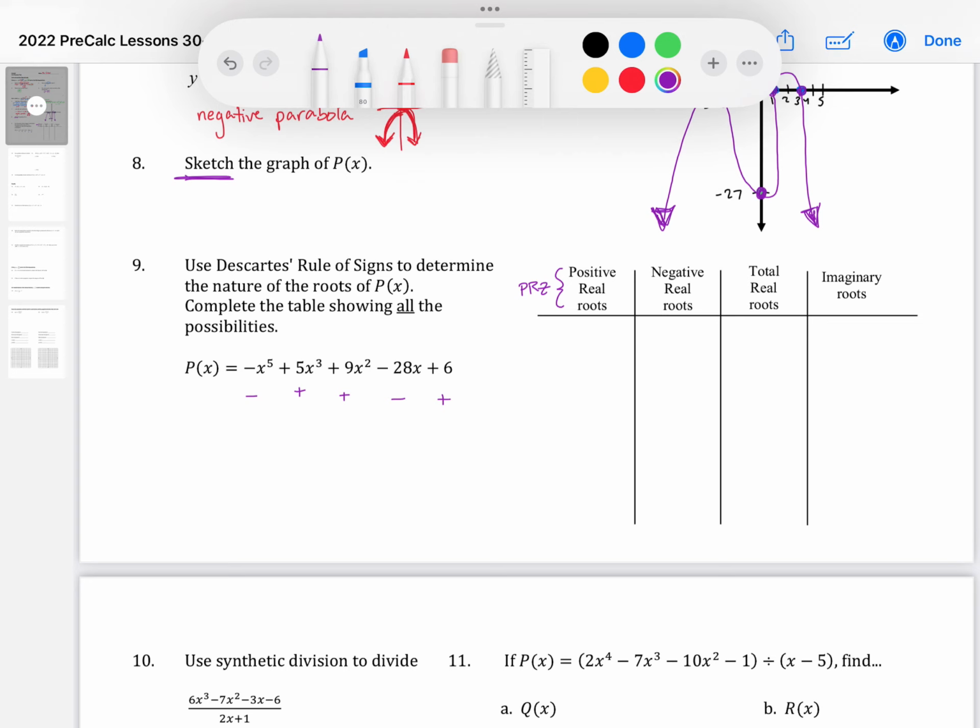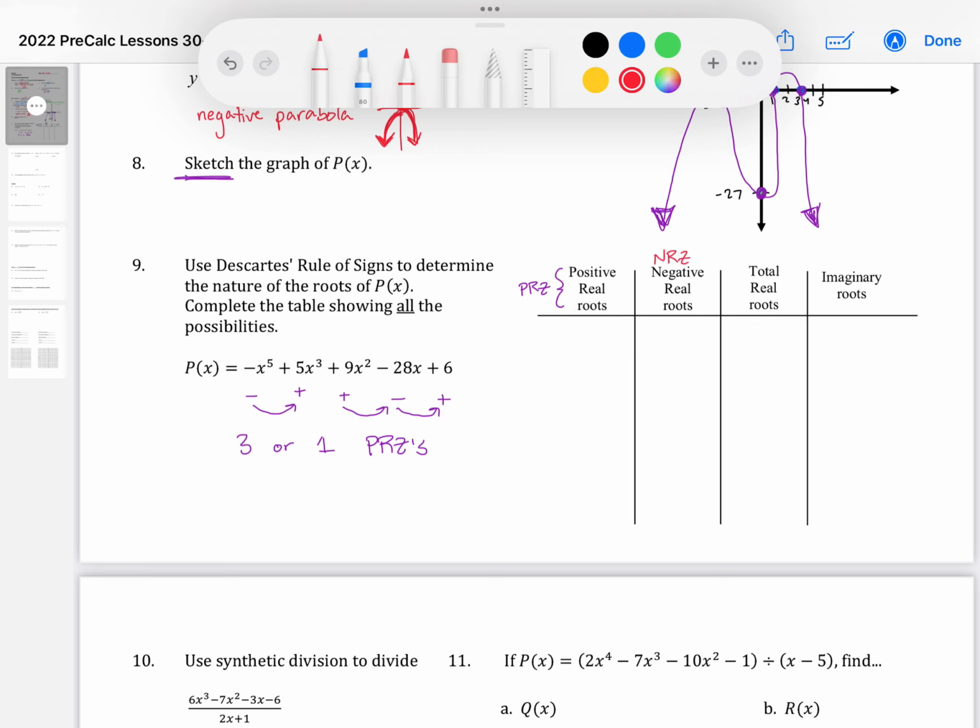So since that changes signs 1, 2, 3 times, that tells you could have 3, or you walk it down by a 2, or 1 positive real zeros.